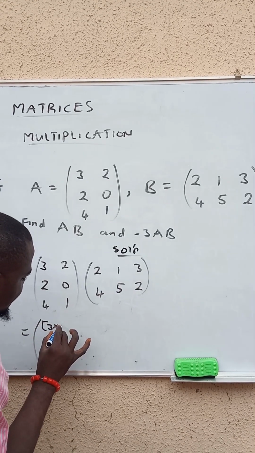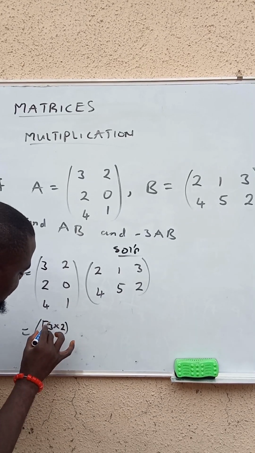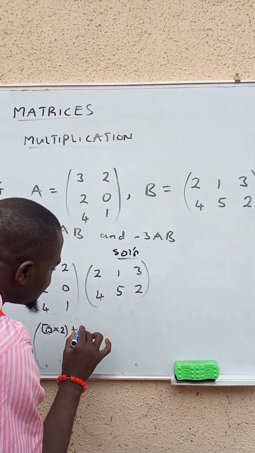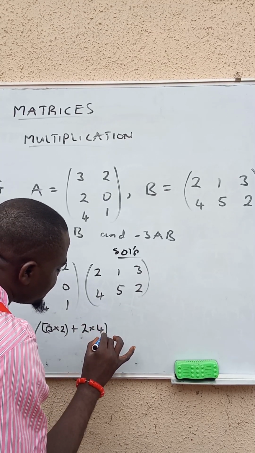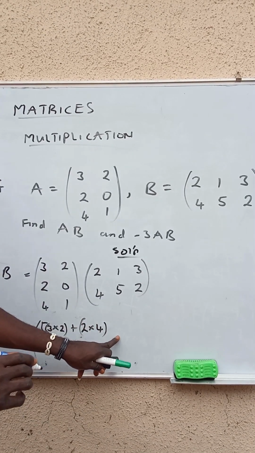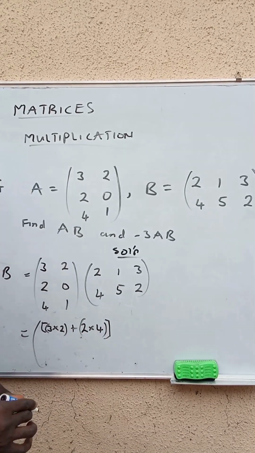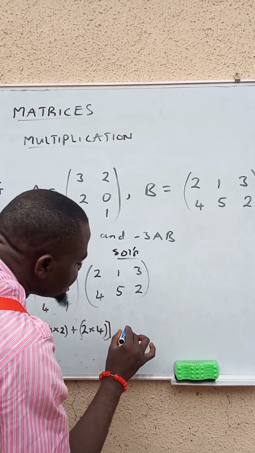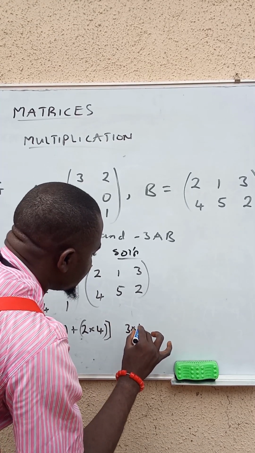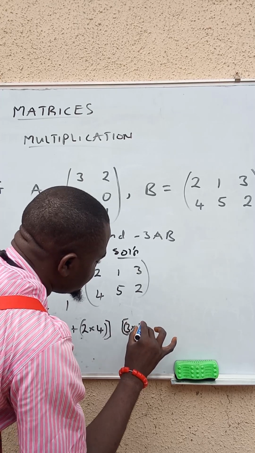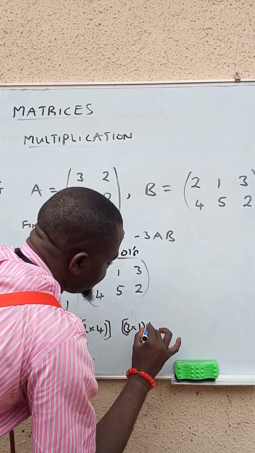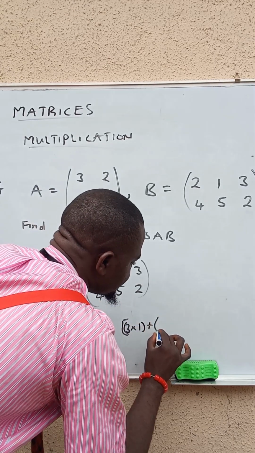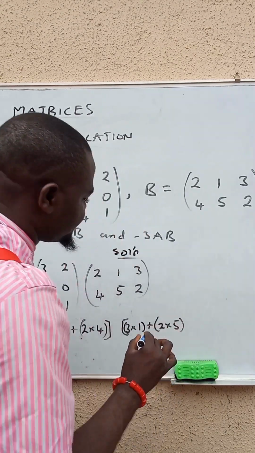That is 3 times 2 plus, we take this one, 2 times 4. You shift. Make sure you put this. You carry the first again, this 3. 3 times 1, plus 2 times 5.